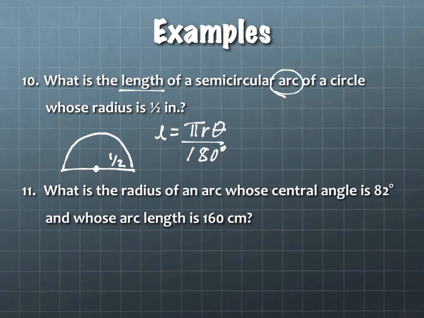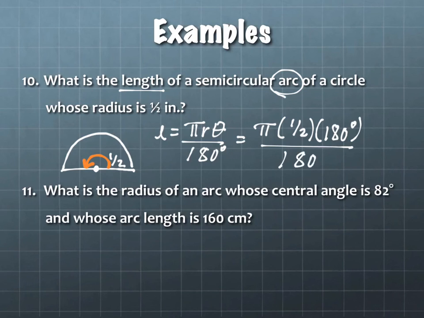Now they gave us r. It was 1/2. What is theta? 180. How come? Yeah, it's a semicircle. So the arc that we're having right here, if you will, is 180 degrees. So I actually have a 180 right here.